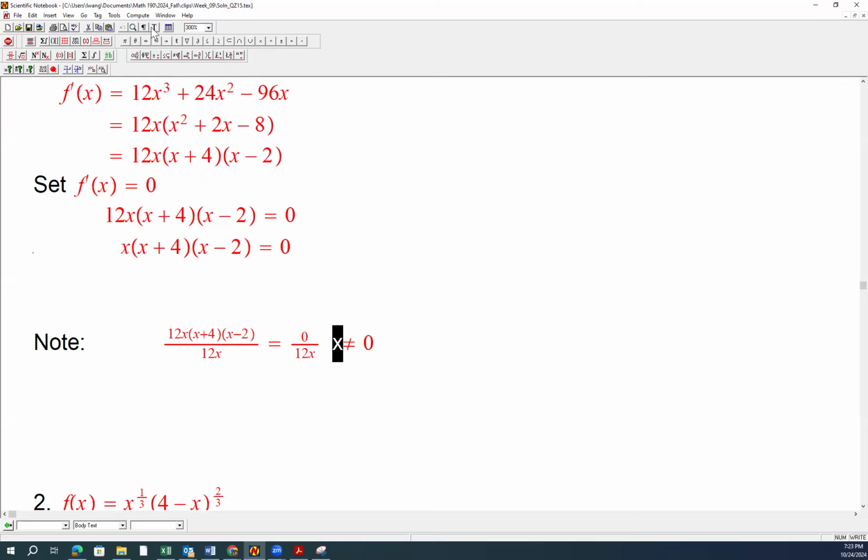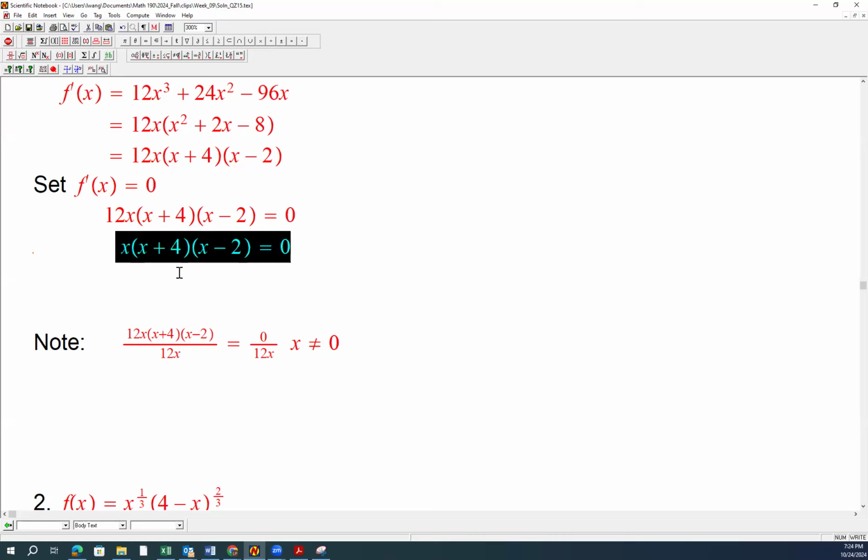If you do not specify this, that will be a mistake, because whether x is equal to 0 or not is not certain in your division. So please don't divide by 12x. Also, if you divide by 12x, at the end of finding your critical numbers, you're actually missing a number.